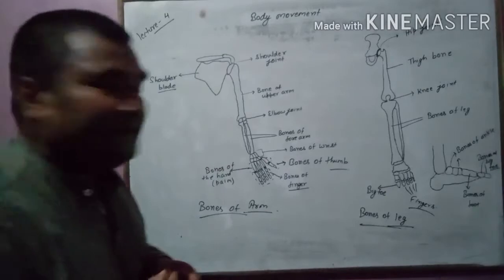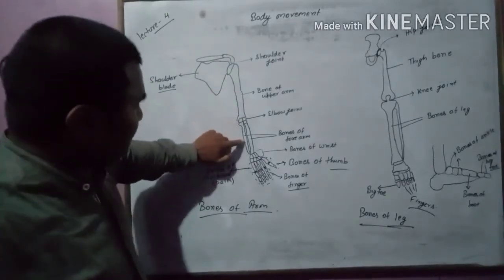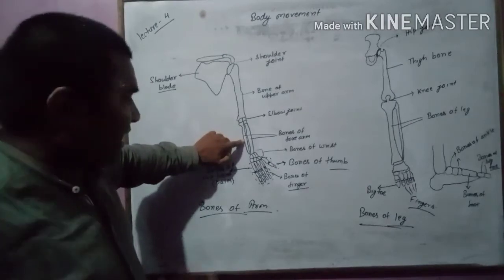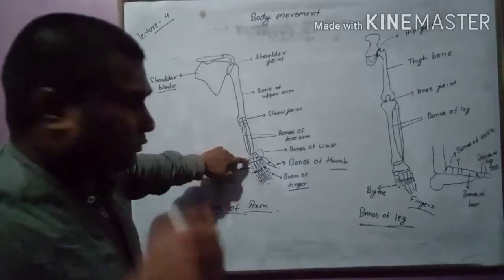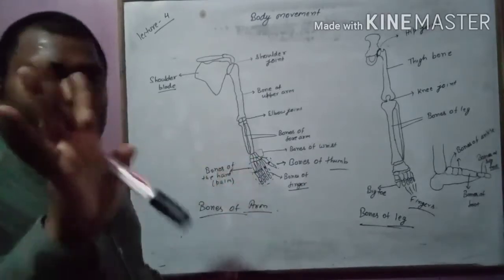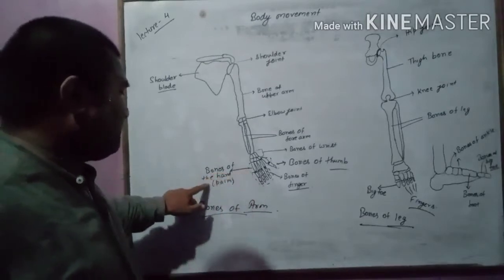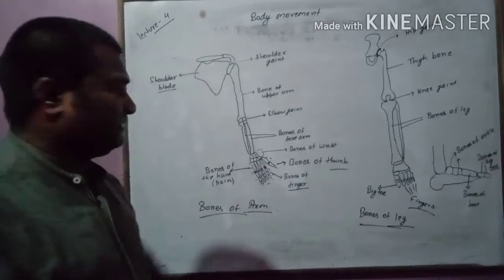So I explained one bone in the upper arm, the elbow joint, two bones in the forearm, the wrist joint, meaning the bones of the wrist, a few bones, 6 or 7 bones, then 5 long bones, that is called the palm, and 3 bones in the finger and 2 bones in the thumb.